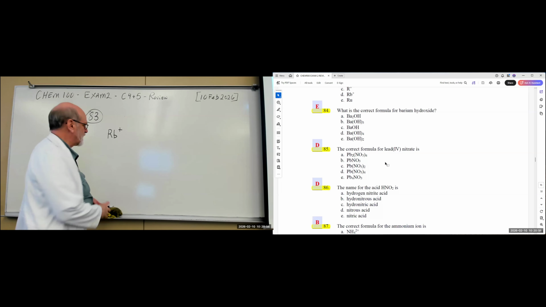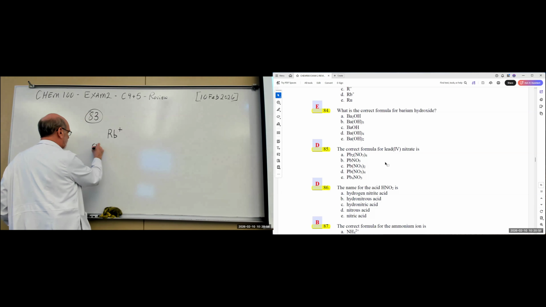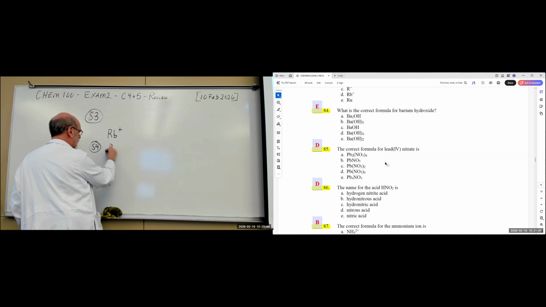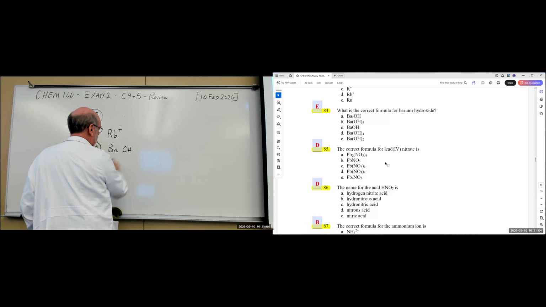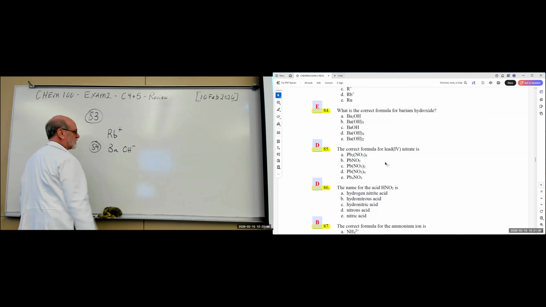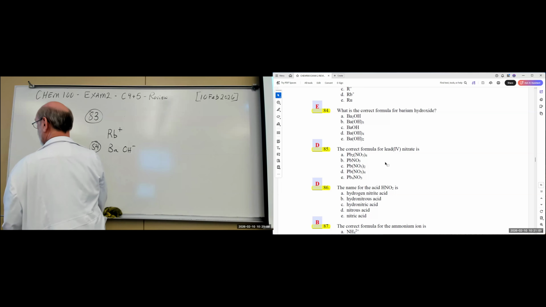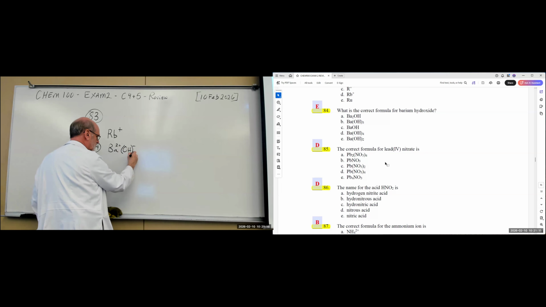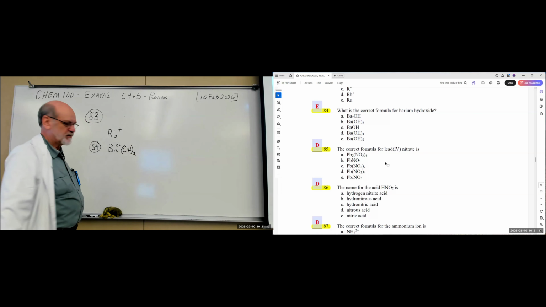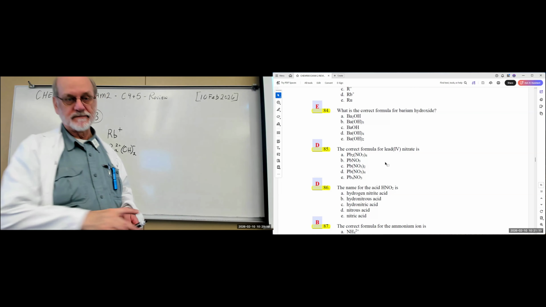Correct formula for barium hydroxide. Okay. Barium and hydroxide. Hydroxide is a polyatomic ion with a -1 charge. Barium is an alkaline earth with a 2+ charge. So we need 2. Ba(OH)2.